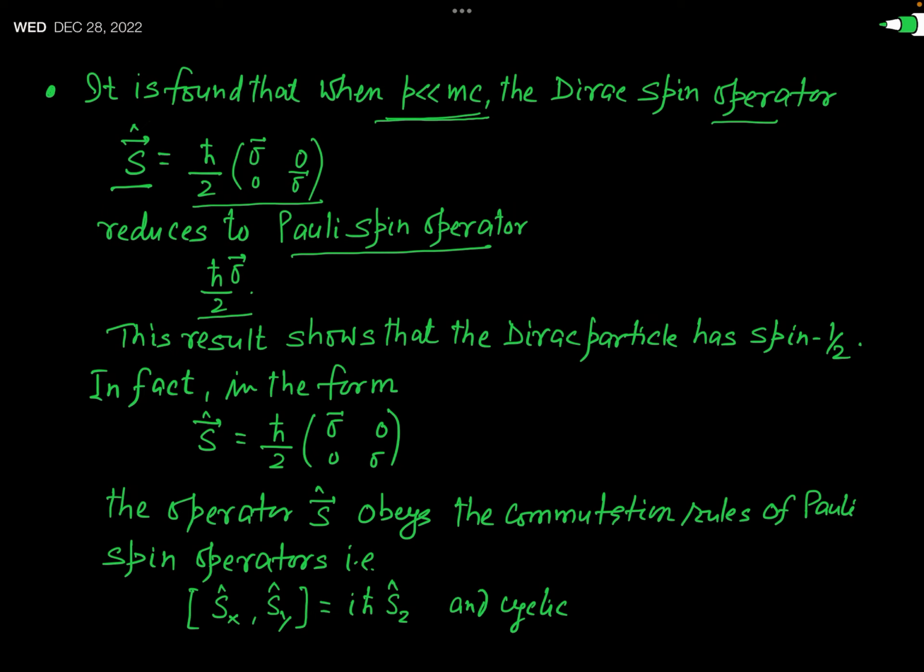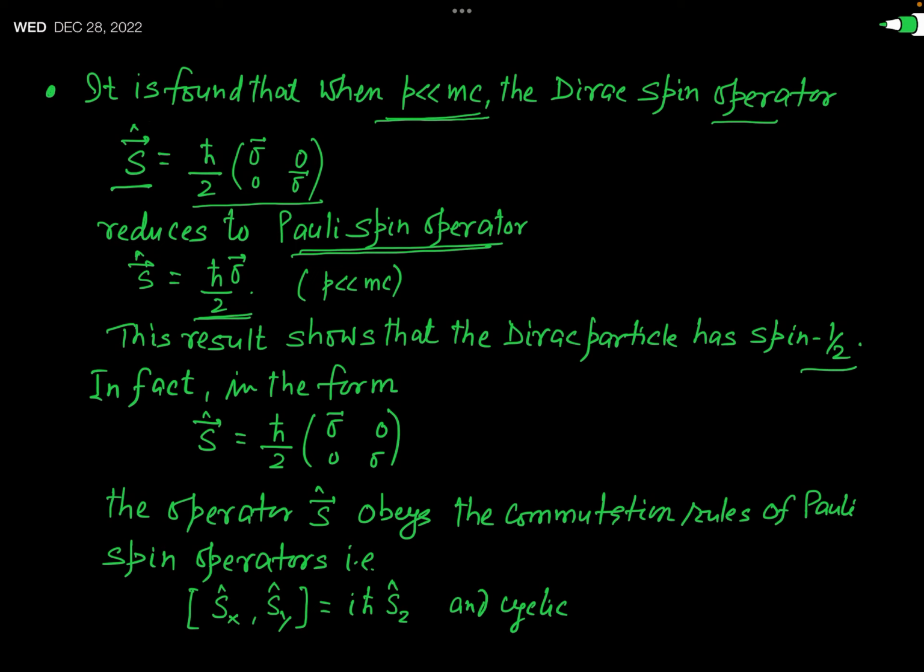When you say that this spin angular momentum operator reduces to the Pauli spin operator, and the Pauli spin operator is for a half spin particle, we can simply say that this result, S hat equal to this much, which happens only when p is much smaller than mc, shows that the Dirac particle has spin half.